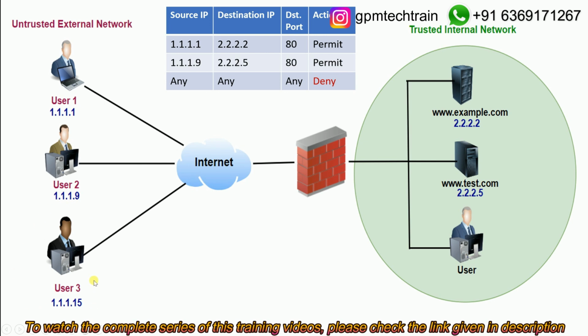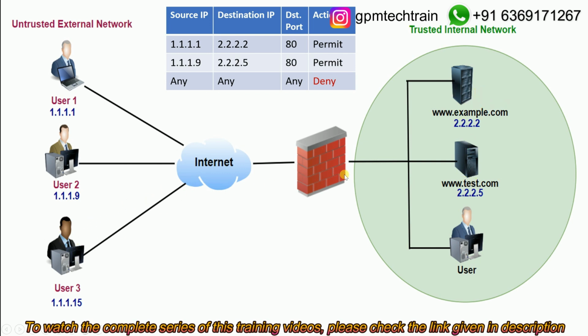However, these are the only 2 permit rules we have. Apart from that, it's a deny, which means that whichever source address to whatever destination IP for any service, it's set to deny. So consider that user 3 is trying to connect to either example.com or test.com.